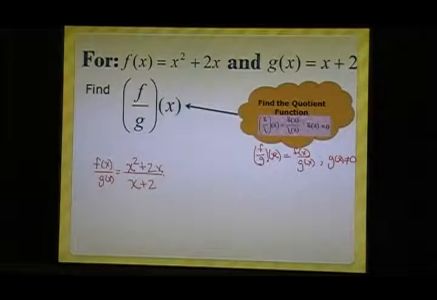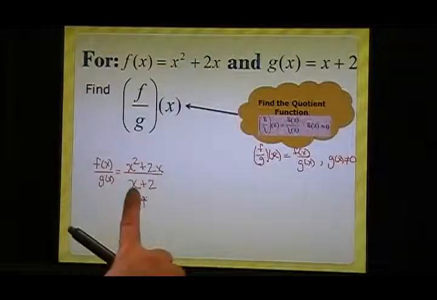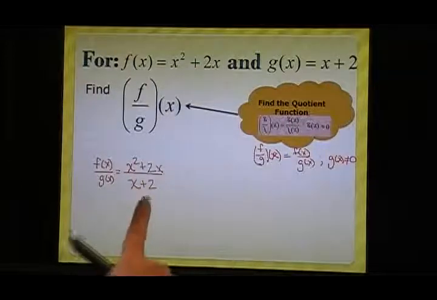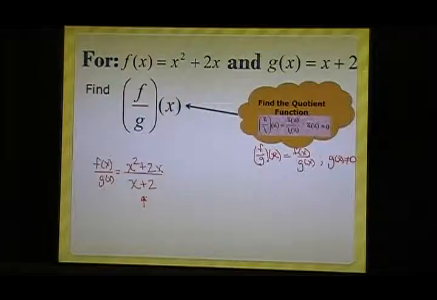When you are trying to find the quotient function, you should always give a simplified function. This is a rational expression or a rational function, and if you're going to simplify, you need to do so just like you would if you were reducing a fraction.